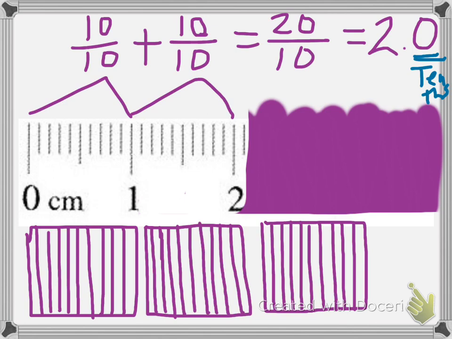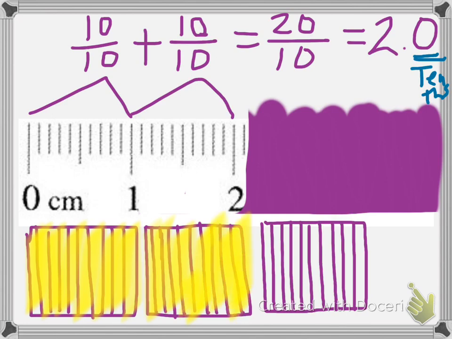So if I was filling in an area model of this, I would be filling in 2 wholes. And then if they asked me to have any extra, like right now, what's showing is another 1/10. So maybe I would have the mixed number 2 and 1/10, and I could write it in decimal form as 2.1. And my unit in this case, because I'm measuring, is centimeters. Okay?